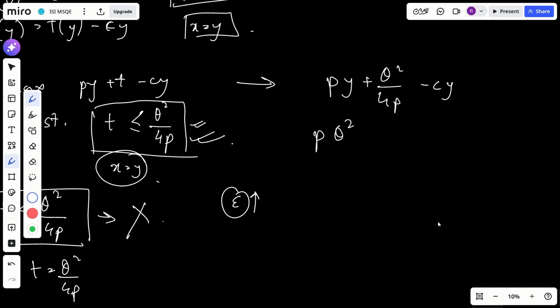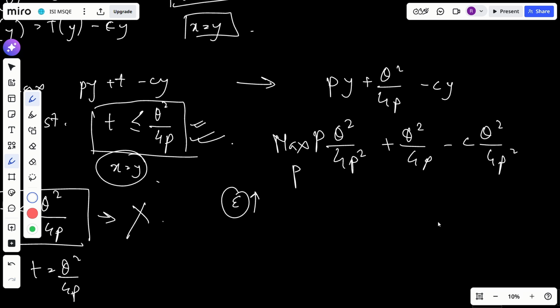Theta square by 4p square plus theta square by 4p minus c times theta square by 4p square. So this is what we will maximize with respect to p. Let's simplify this. So we will have theta square by 4p plus theta square by 4p, so theta square by 2p minus c theta square by 4p square.